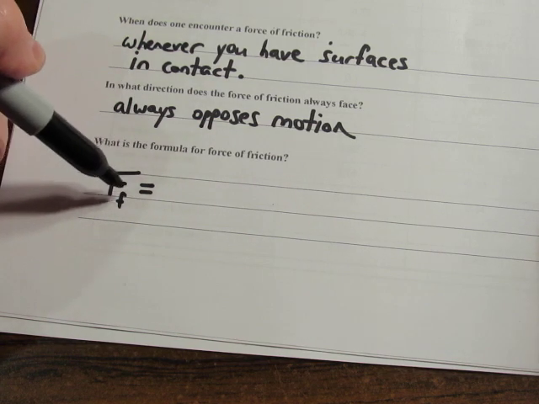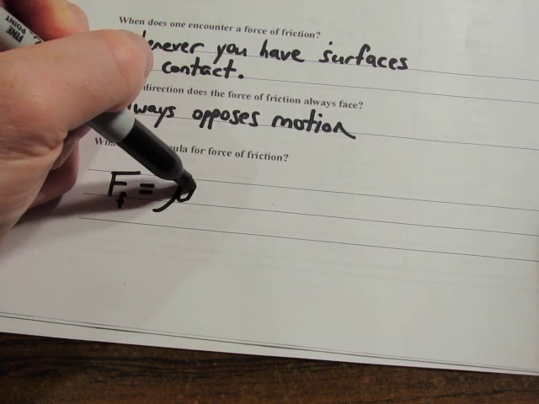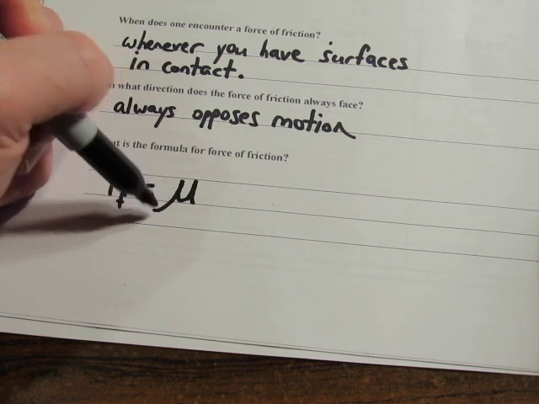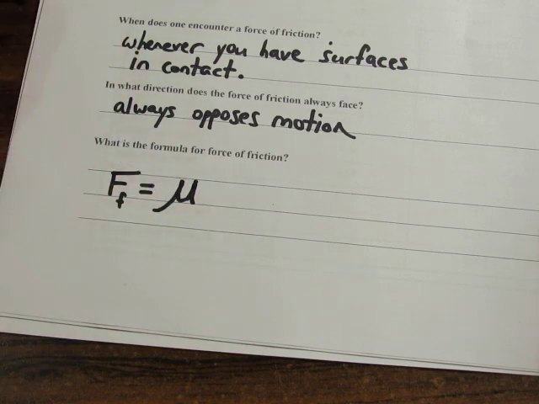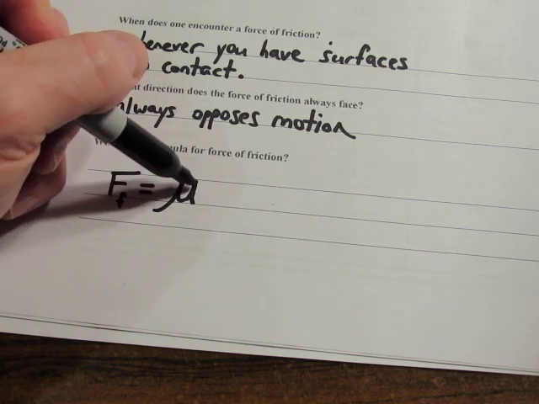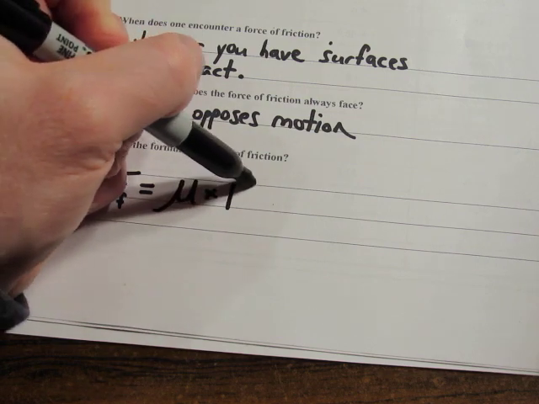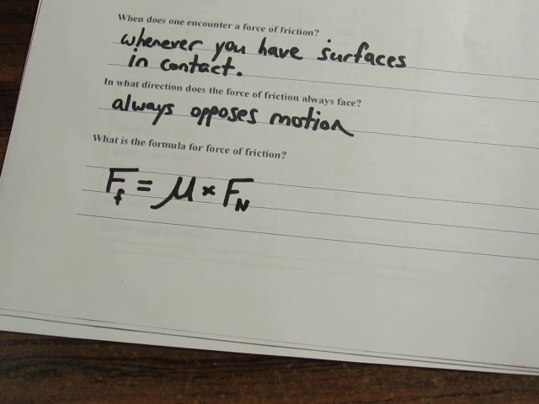So the very first variable in the force of friction formula looks like this. It almost looks like a capital U, but it's got this funny little tail on the front of it. That's a Greek symbol. More on that in a second, but that's the very first variable, and you multiply that by normal force, not net force.